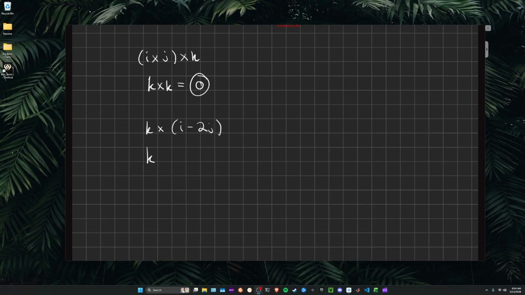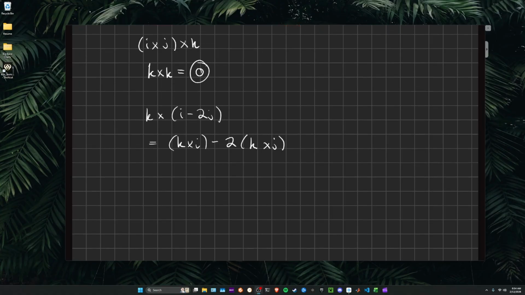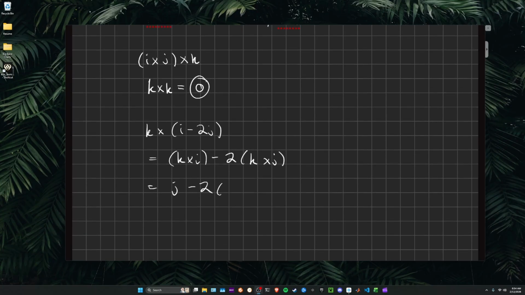This is equal to K cross I minus, pull this 2 out, K cross J. So K cross I is J, so this would be J minus 2 times K cross J. If J crossed with K gives us I, then K crossed with J gives us negative I, and this is something called the anti-commutative property of cross products.